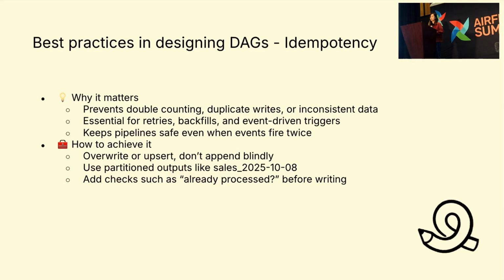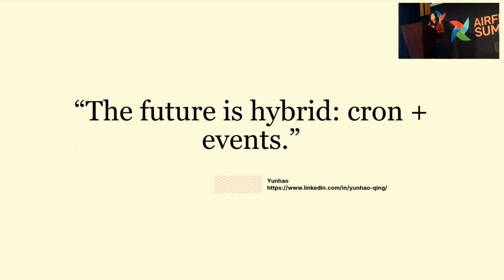It's also very important for retries, backfills, and migrations. So one tip is to always do overwriting and upserting instead of blindly appending and inserting. The idea is to make your pipeline safe to run anytime and any number of times.